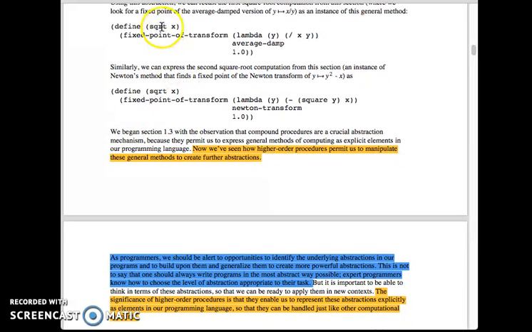Define procedure square root of x to be a fixed point of transform applied to the procedure that takes input y and computes x over y, and does average damp to that, with initial guess 1.